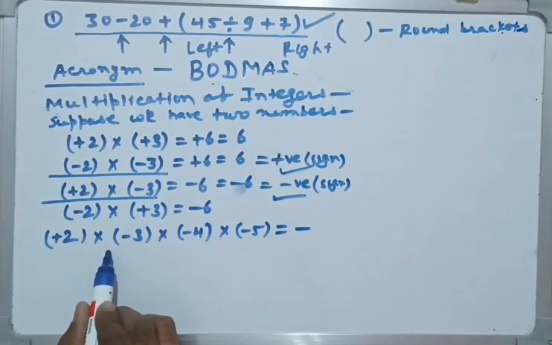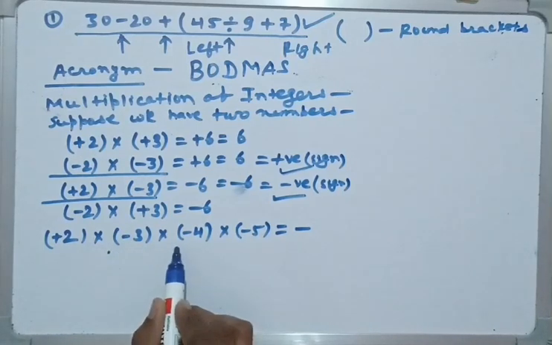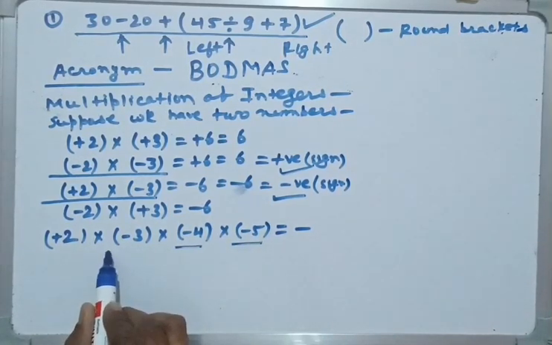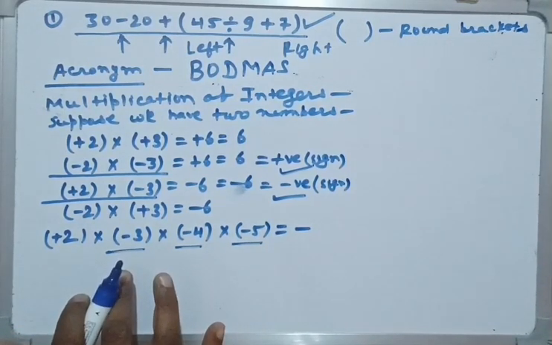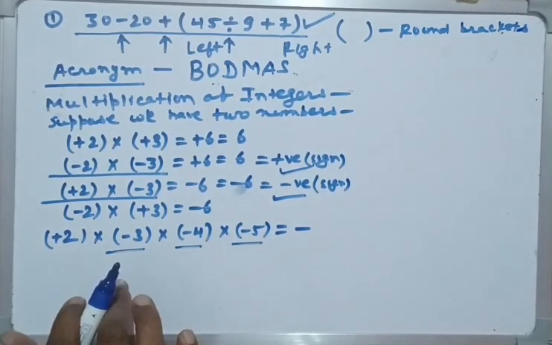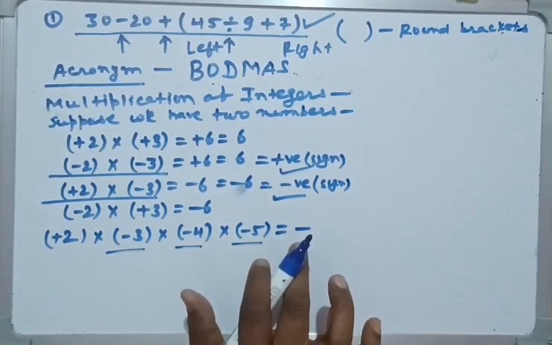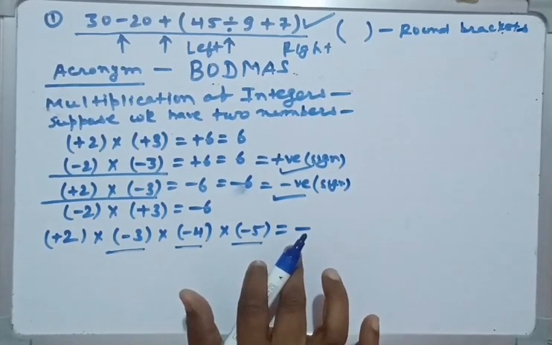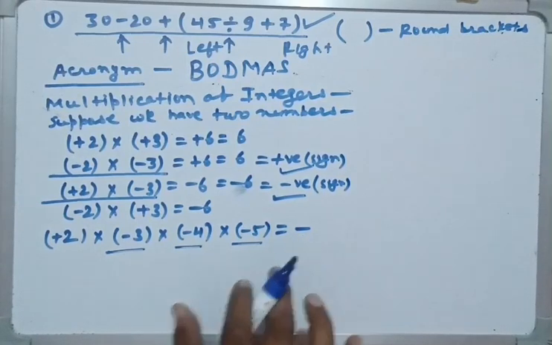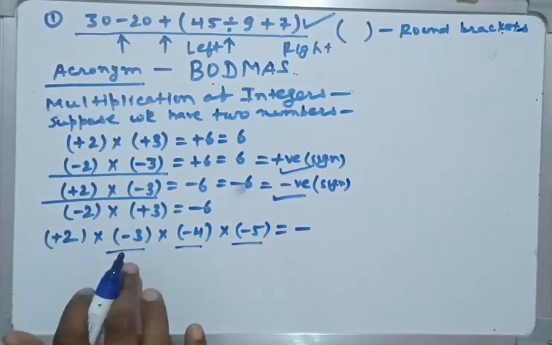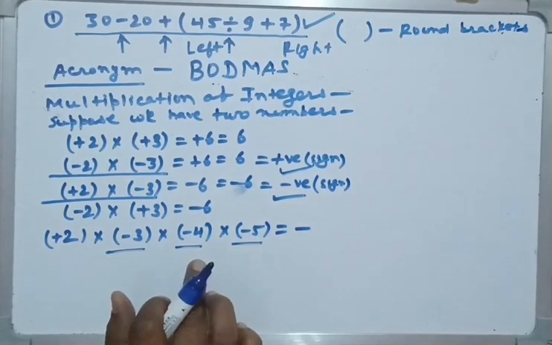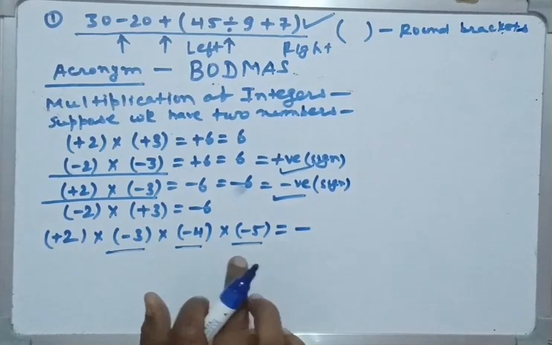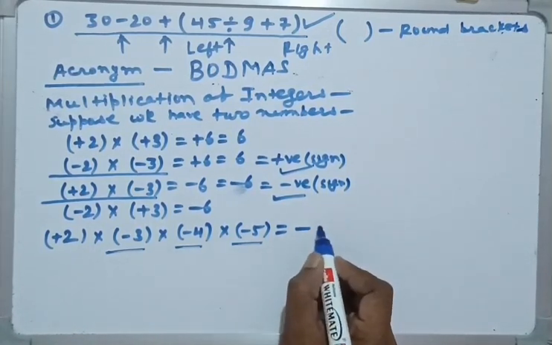Because the numbers -3, -4 and -5 have negative signs, so there are three negative numbers. 3 is an odd number, so the negative sign appears. Now solve this one: 2 into 3 is 6, 6 into 4 is 24, 24 into 5 is 120.